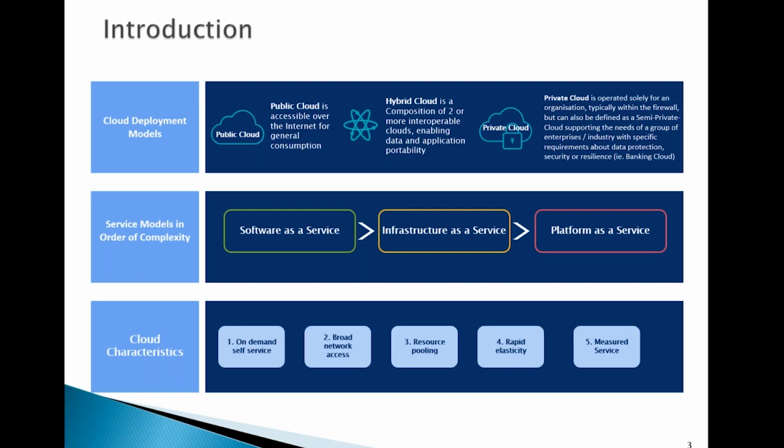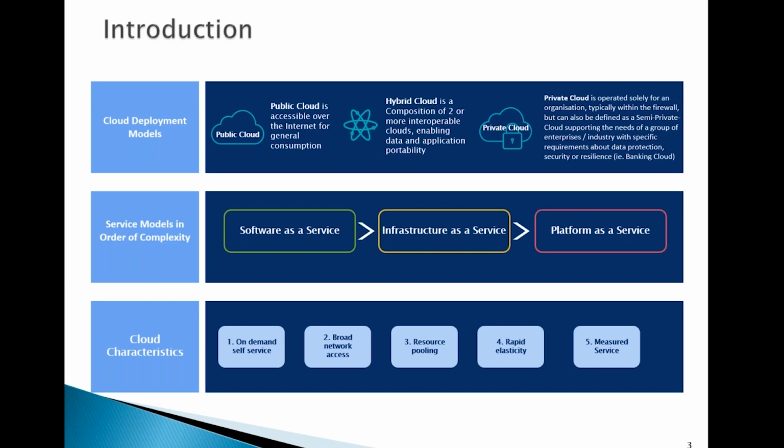And then the third level of service, which is almost the least control that the consumer has, is platform as a service, where the consumer does not even manage or control the underlying cloud infrastructure, which includes the networks, the servers, the operating systems, storage.